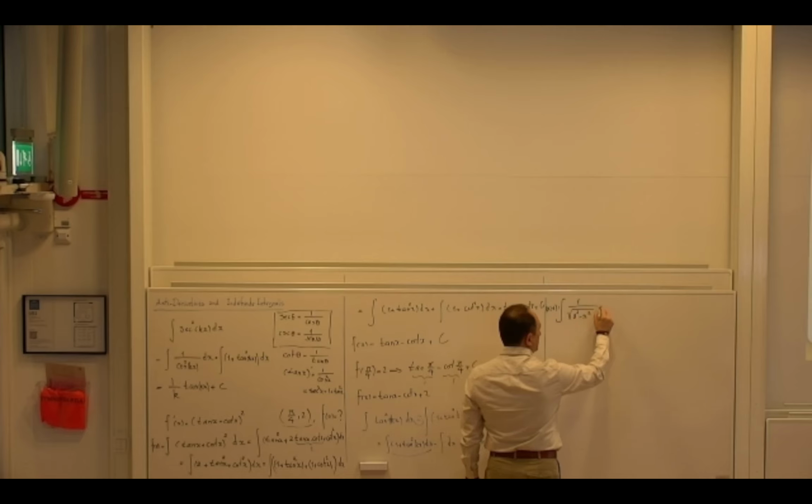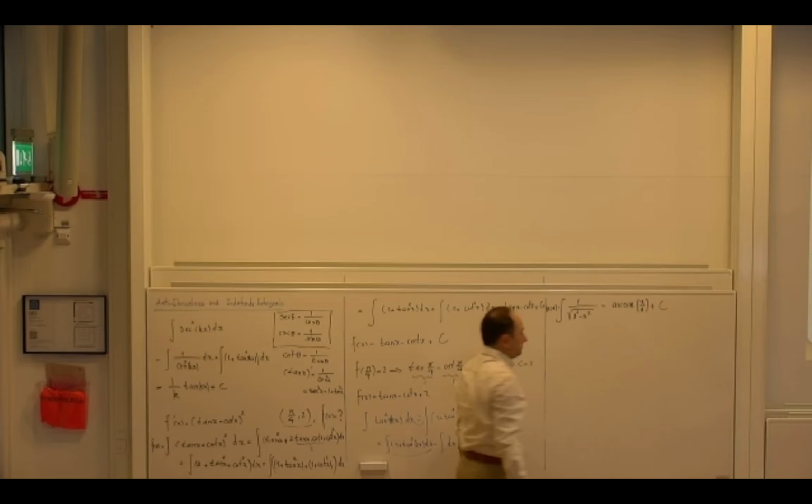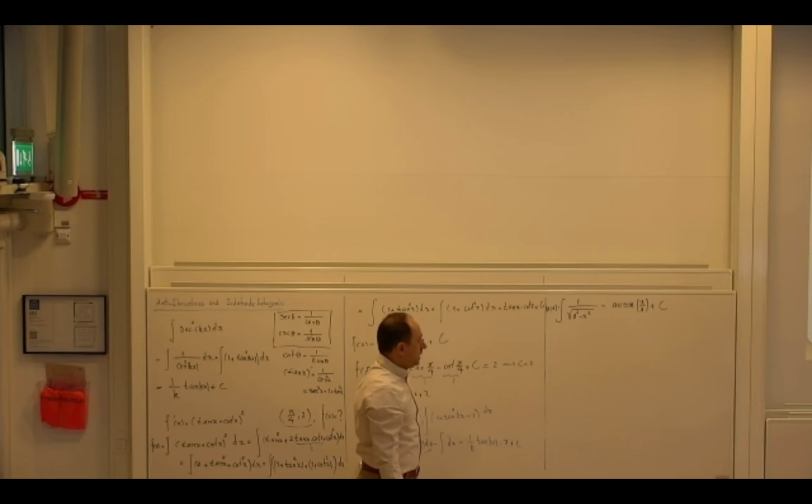Whenever this happens, the answer is arcsine of x over a plus a constant. And then again, you shouldn't be worried about the proof. How should I prove it? Differentiate the right hand side using the formula.